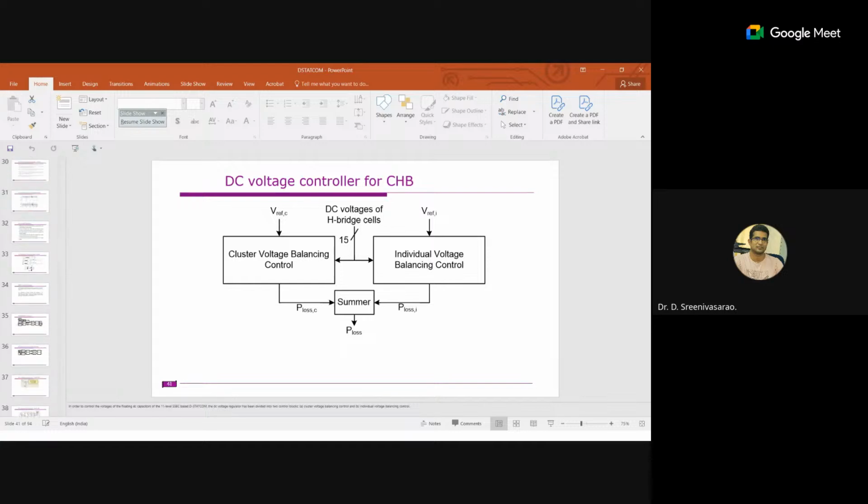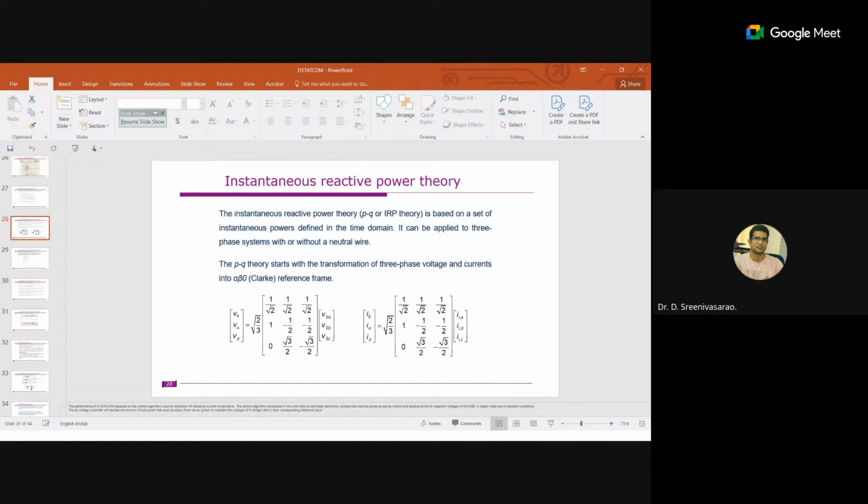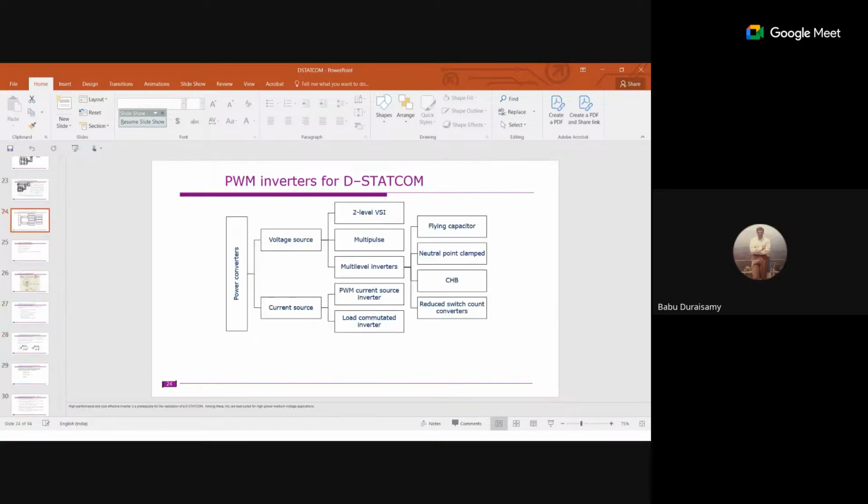These transmitted signals, or whatever signals we obtain from the different measurements, are very fast. Voltage and current sampling from the CTs and PTs needs to be converted into digital form, and then the transformation should take place, and later the control signal should be given to the inverters.